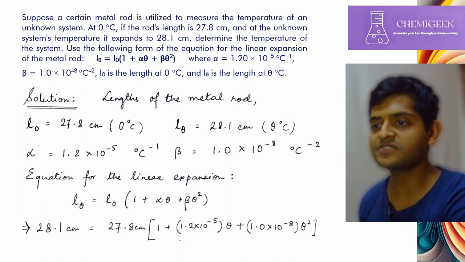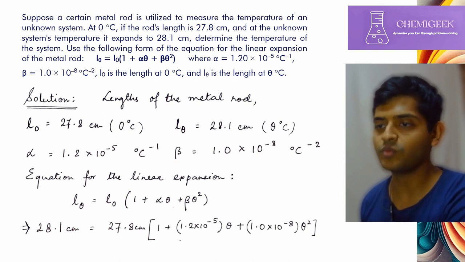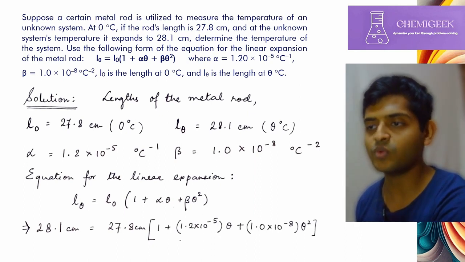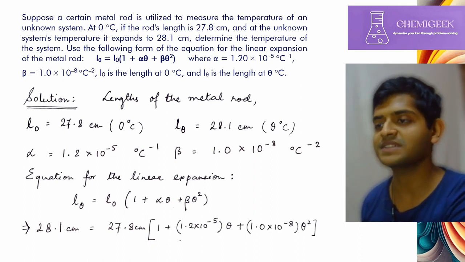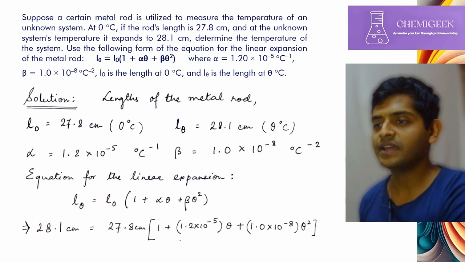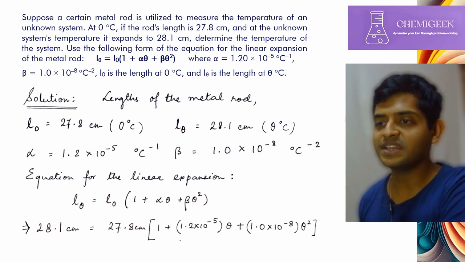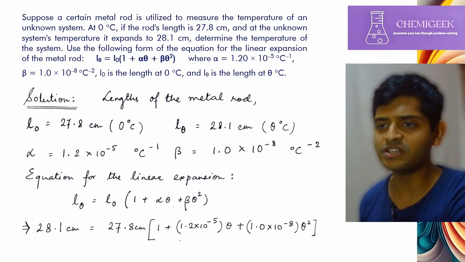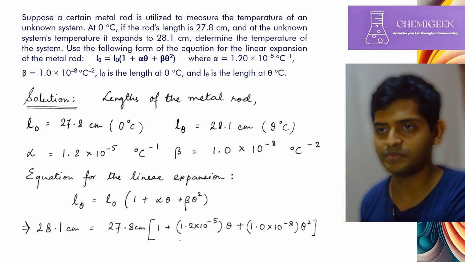And alpha's value has also been given, that is 1.2 into 10 to the power minus 5, and beta's value is also given as 1.0 into 10 to the power minus 8. We have not written any units in alpha and beta just to avoid further complication, and we are also going to cancel centimeter and centimeter, as we can see in the next step.